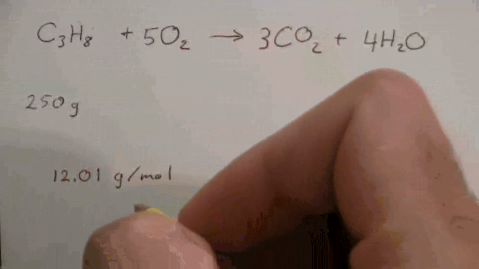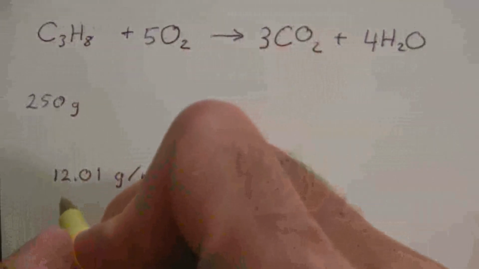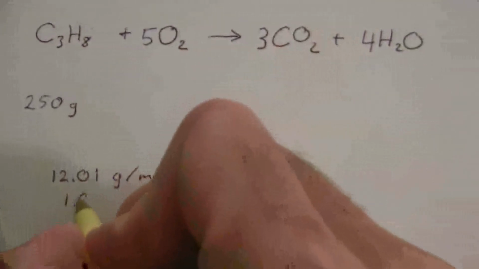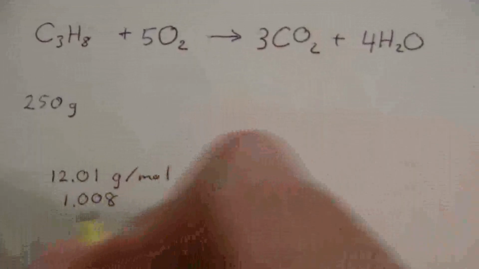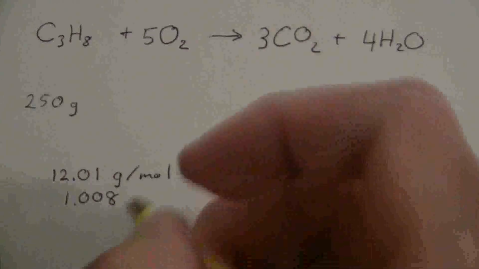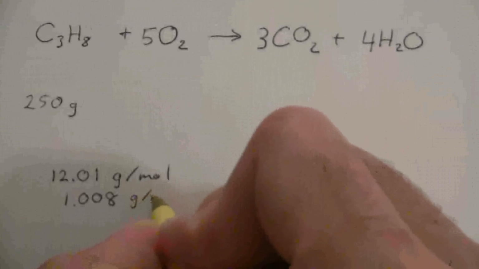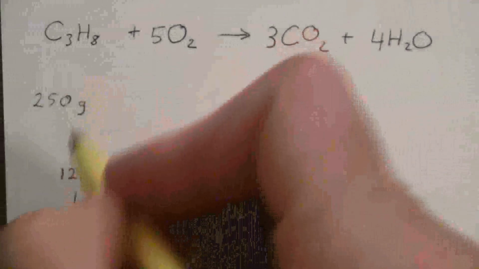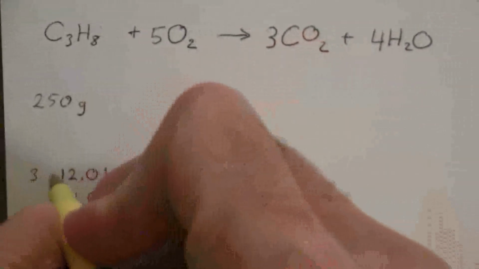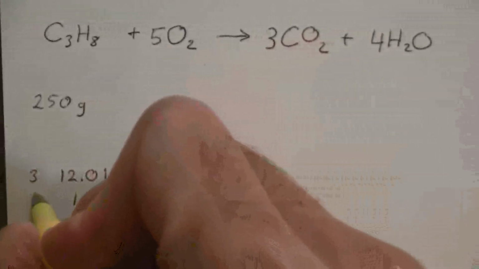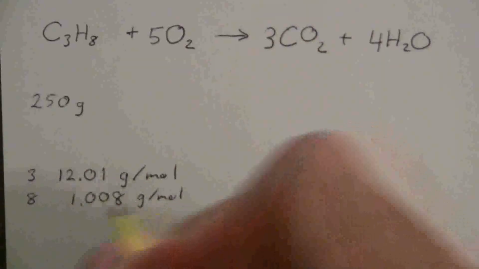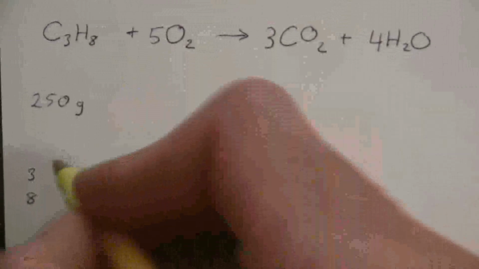All right. So anyway, we do this also for hydrogen. 1.008 is the number that we would find from the periodic table. Again, grams per mole. And we have 3 carbon atoms and 8 hydrogen atoms in a molecule of propane.